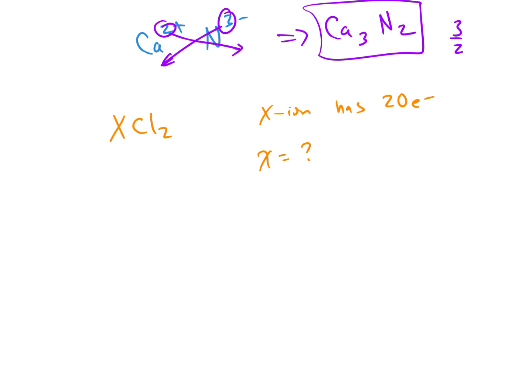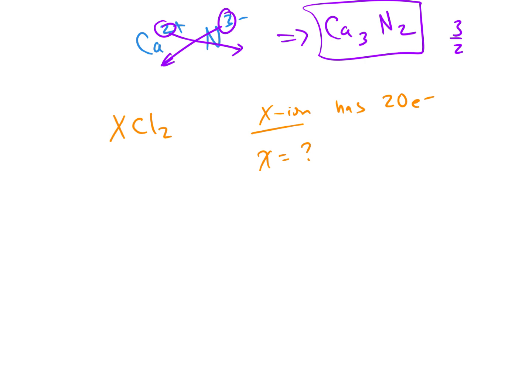Calcium? Good guess. Because calcium has 20 electrons if it's neutral. But is the X ion neutral? No. Why is it not neutral?